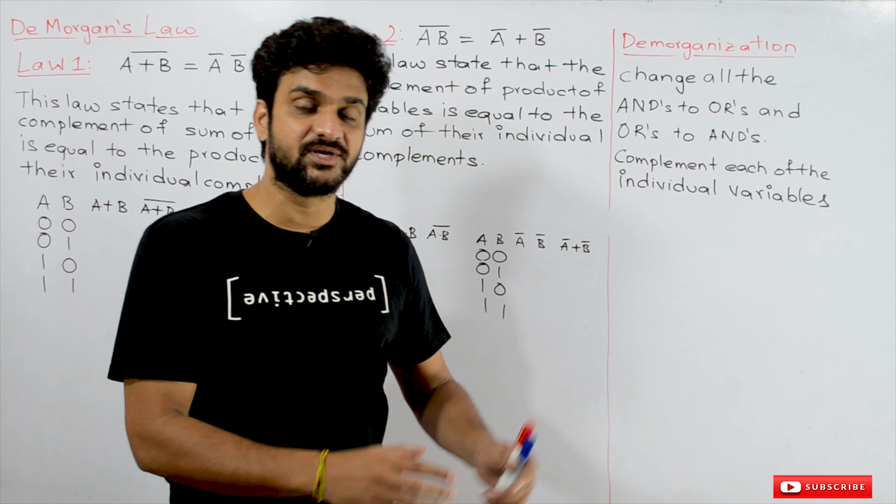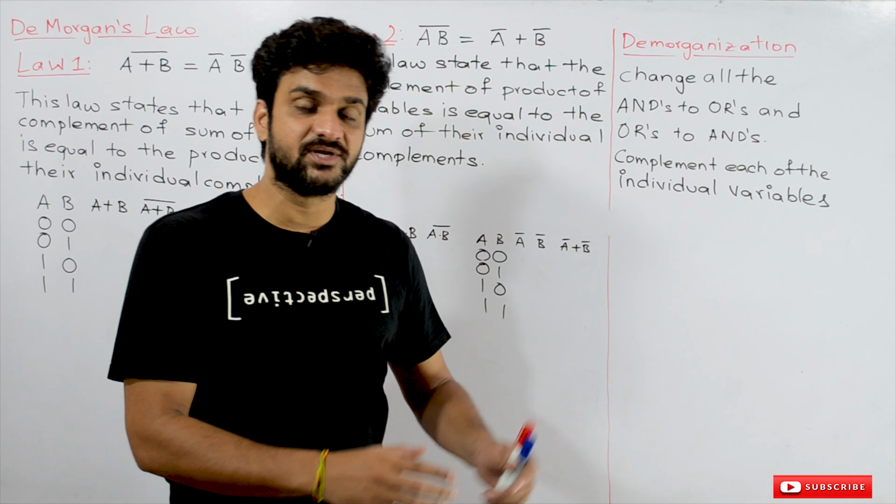And if you try to find A complement plus B complement, it is 1, 0, 1, 1, and 0. See here, the output generated by A dot B whole complement is 1 1 1 0, and similarly the output generated by A complement plus B complement is 1 1 1 0. Okay, both of them are equal.